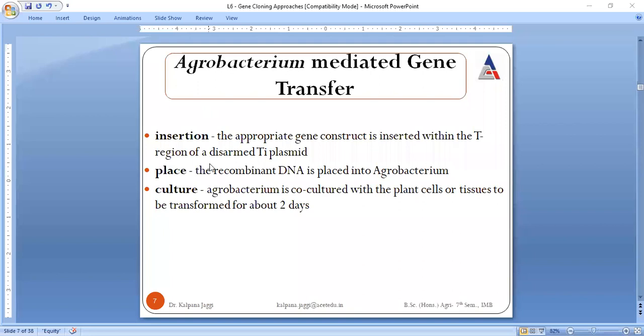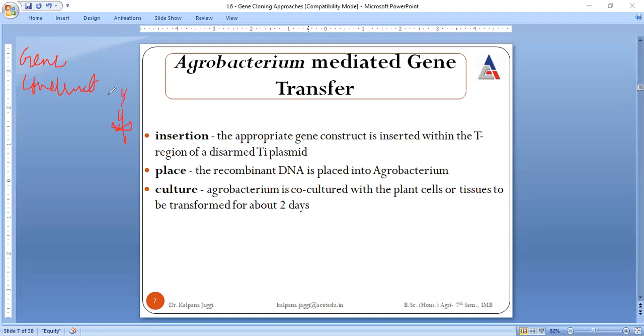So if we talk about the process, what is to be done? The very first step is construction of an appropriate gene construct. Suppose you have a certain plant that is deficient in some desirable feature.